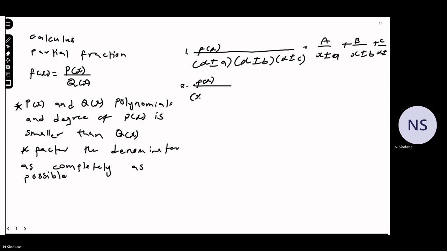Then 2, if you're given f of x with the denominator x plus or minus a cubed, into x plus or minus b, you can rewrite this as a over x plus or minus a, plus b over x plus or minus a squared, plus c over x plus or minus a cubed, plus d over x plus or minus b, right?